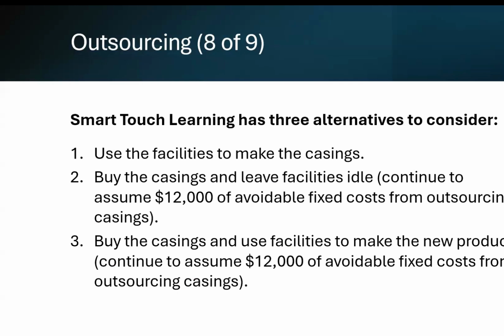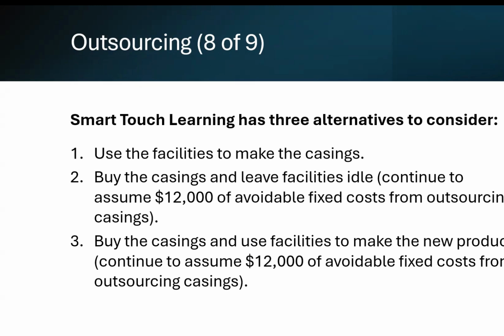Smart Touch Learning managers must now consider three alternatives. One, use the facilities to make the casings. Two, buy the casings and leave facilities idle, continuing to assume $12,000 of avoidable fixed costs from outsourcing casings.